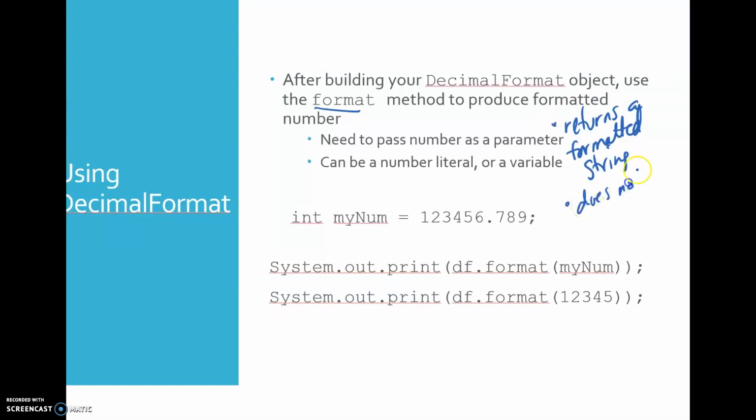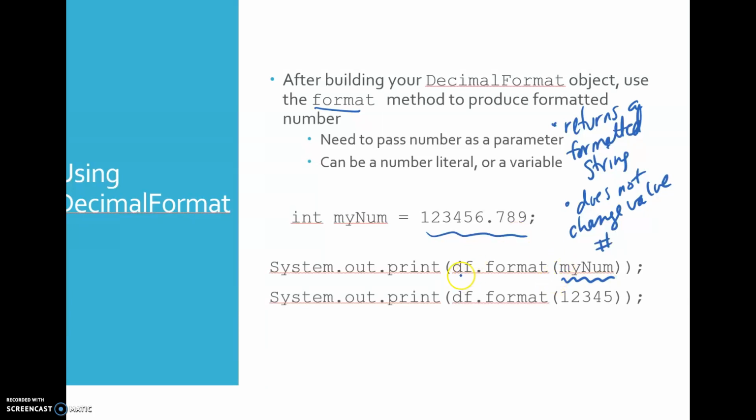It does not change the value of the number. So in this example, I created an integer called my_num, and it has this value. And if I want to format my_num to match the formatting I set up on the previous page, I would just pass my_num as a parameter.